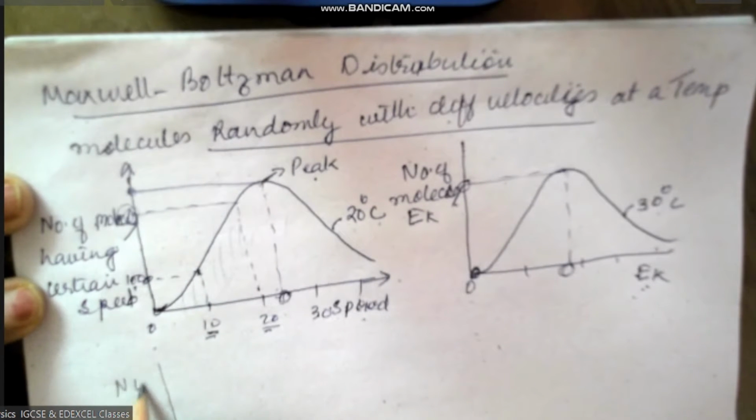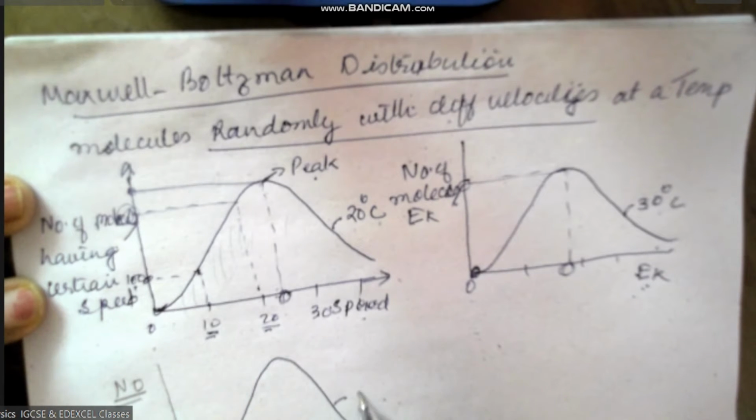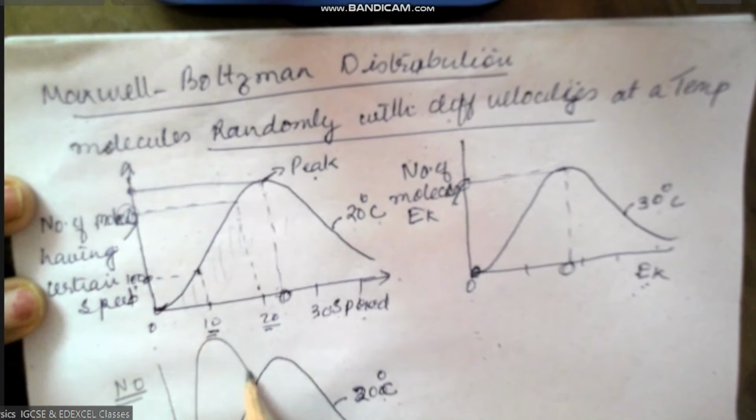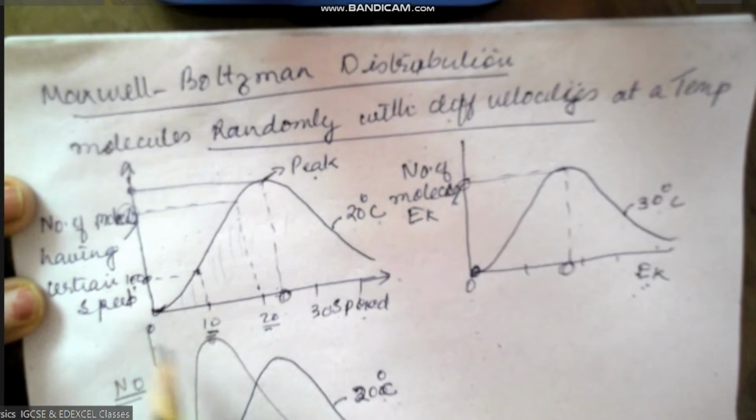Also, this is at a particular temperature, say 30 degrees Celsius. What happens if the temperature is decreased? Will the shape of the graph remain the same? What we notice is that at lower temperatures, I'll draw another graph. Say this is the number of molecules, this is speed.